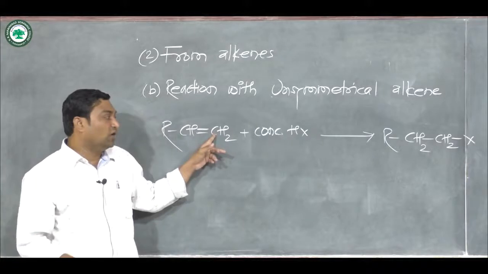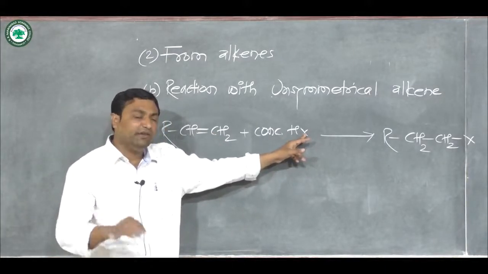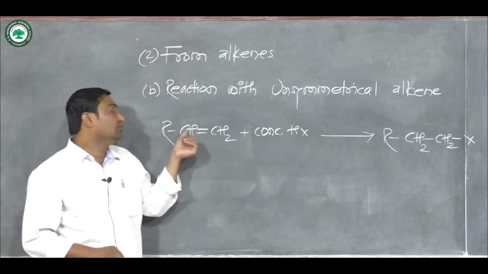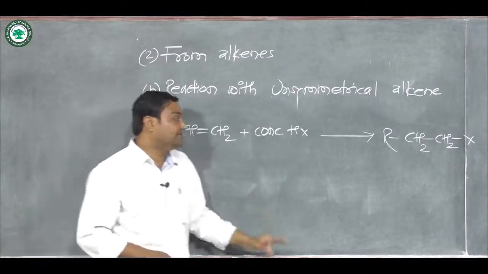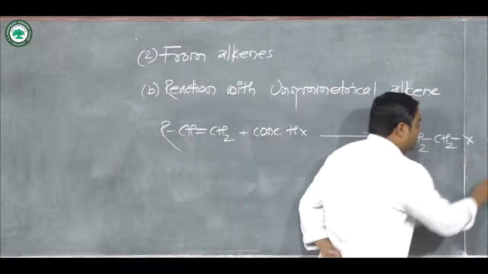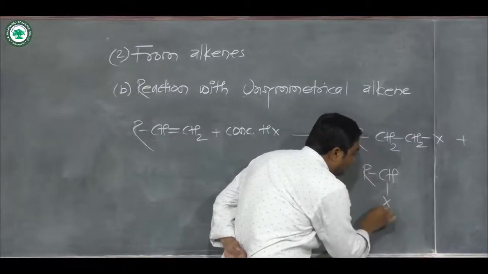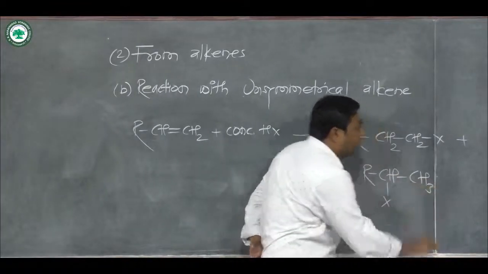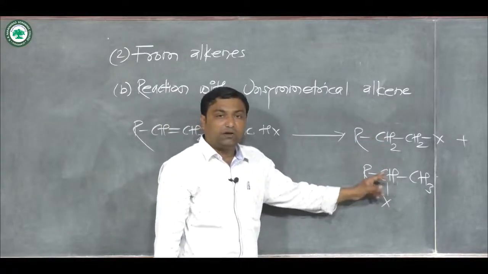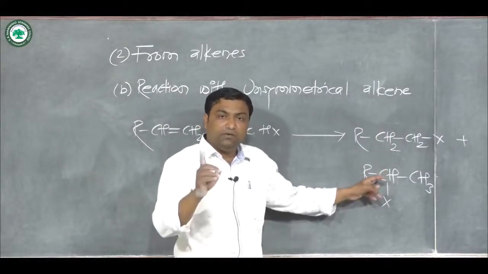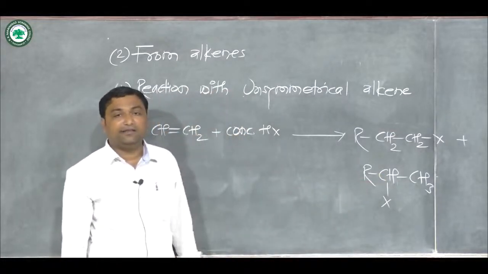Whereas in the second product, the partially negatively charged halogen atom goes to the carbon atom to which the alkyl group is attached. We will obtain a mixture of products. Out of these two, one will definitely be in major extent, whereas the other in minor extent.